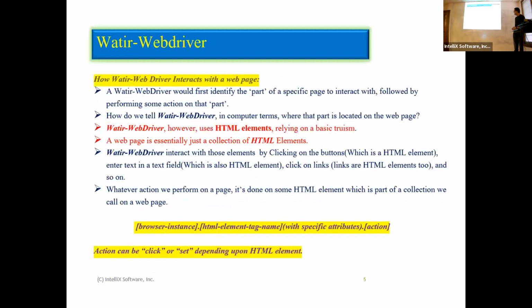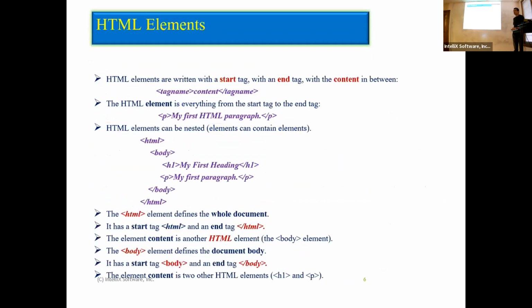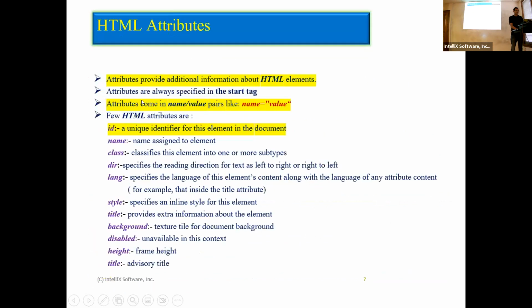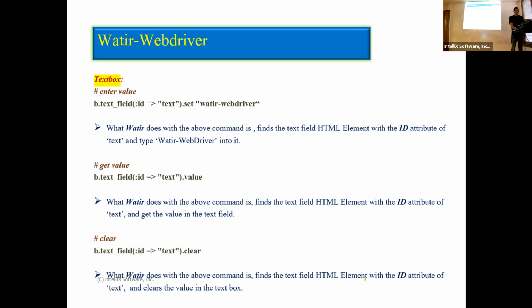And then finally the action is set. If I come back here, the last part is the action. Once you get the handle on the object, what do you want to do? So here, when you say set, what is that colon? This is the syntax for the attribute. Parentheses, then colon, then ID or name. Remember, there are a bunch of attributes available, right? I'm using ID in this example to find the element on the page, because the browser needs to interact with a specific element.